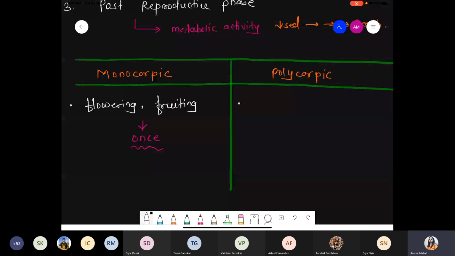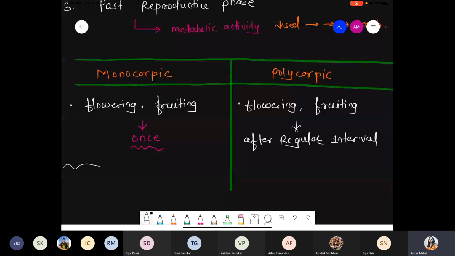So flowering and fruiting basically occur after regular interval. ठीक है, गैप होगा एक्चुअली इसमें, बट इट हैज सम, मतलब 1 टाइम 2 टाइम 3 टाइम और अप टू डेथ अगेन फ्लावरिंग एंड फ्रूटिंग इज कंटिन्यूअस.